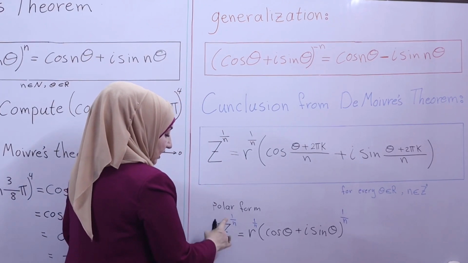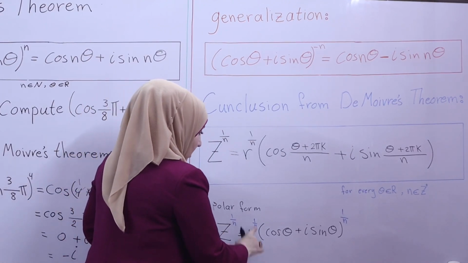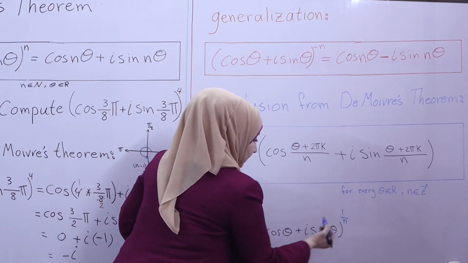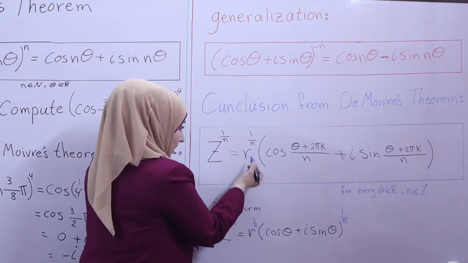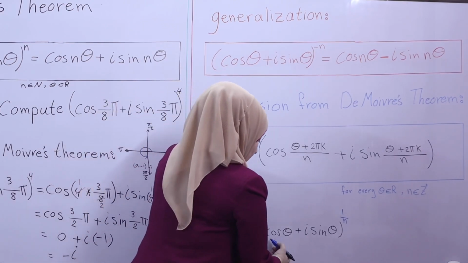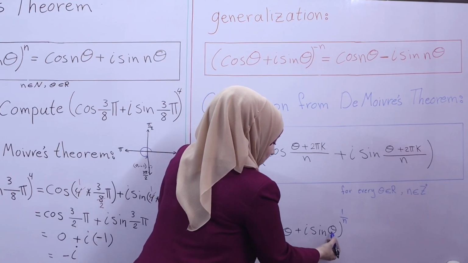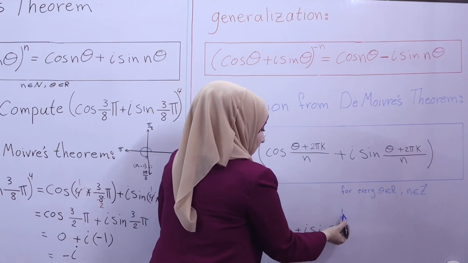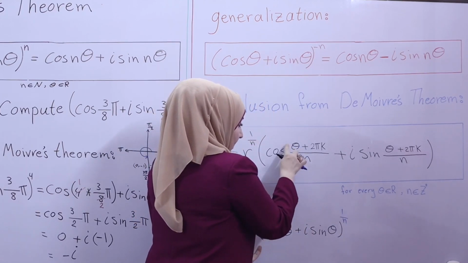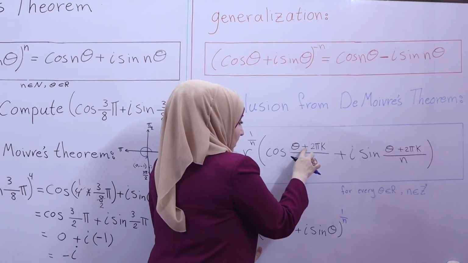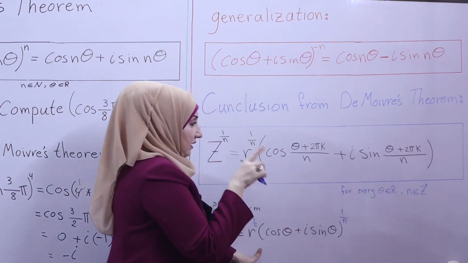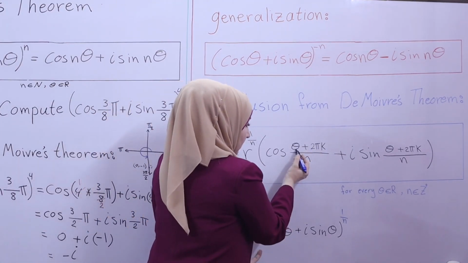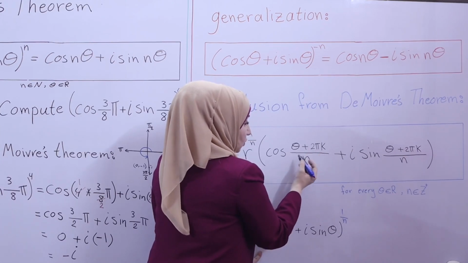إذا رفعنا العدد المركب z للقوة 1 على n معناته ال r راح نرفعه للقوة 1 على n، وكذلك هذا القوس أو المقدار أيضا راح نرفعه للقوة 1 على n. r power 1 on n is here, but the expression cosine theta plus I sine theta, when we raised it to the power 1 on n, we will multiply 1 on n by theta, but we added to theta a constant number of cycles. فقط ضفنا للثيتا عدد ثابت من الدورات، الدورة الواحدة 2 باي k.